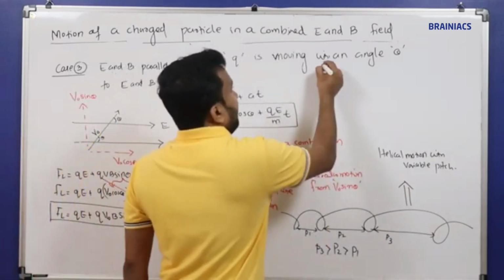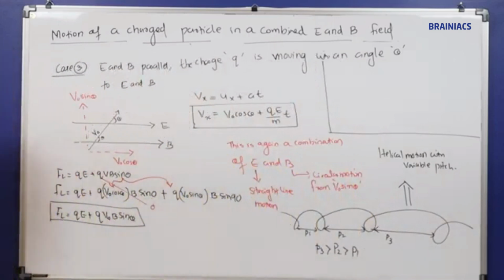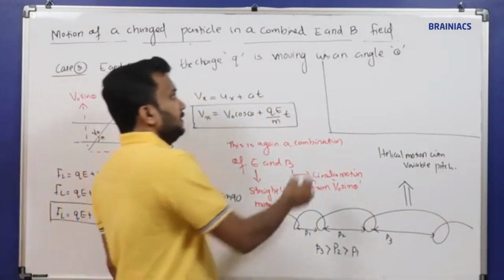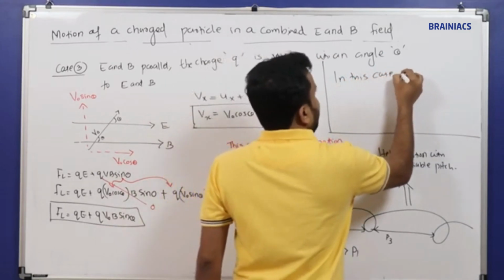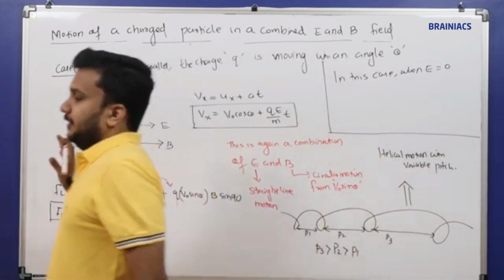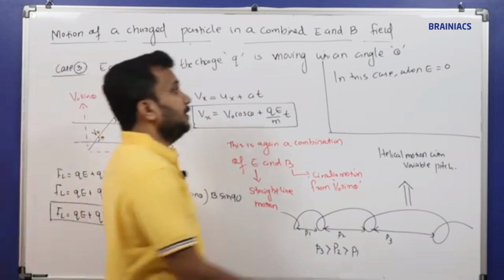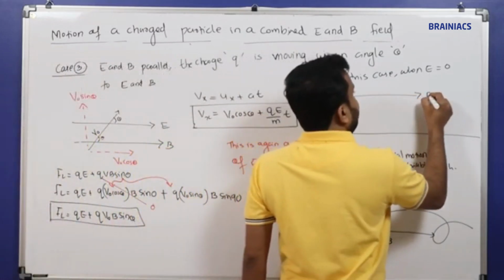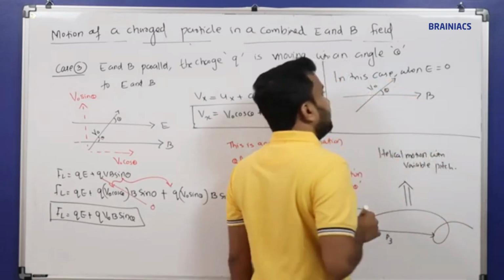Now I have to put a condition to you. I am giving an extra bonus point. Suppose in this same case, E equals 0, so there is no electric field. We have learned this, right? When there is no electric field, there is only a magnetic field, and the charged particle is entering the magnetic field at an angle theta.